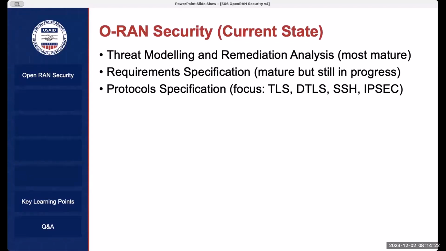So you need to protect all of this information per component. Then we have the test specification. It's in progress. We'll have some discussions on this. But a lot of this also stems from 3GPP.